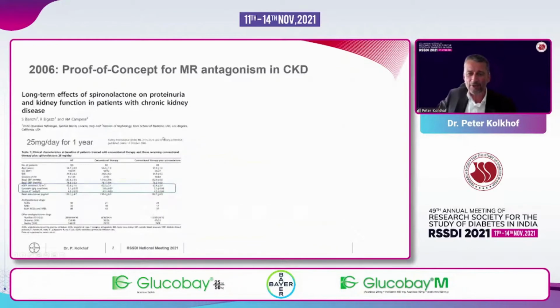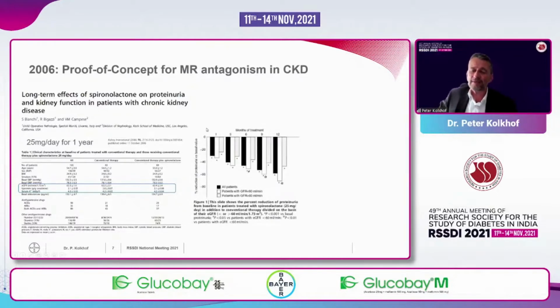If we pick out a single trial, one of the larger trials done by Bianchi in 2006 with 165 patients having a GFR of about 62 milliliter per minute and a serum potassium at baseline of 4.2, they were treated with 25 milligram per kilogram of spironolactone for 1 year.